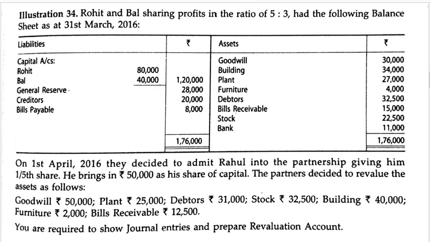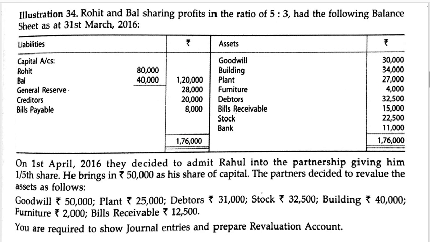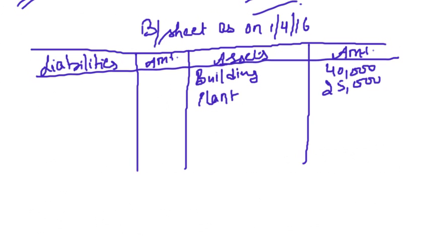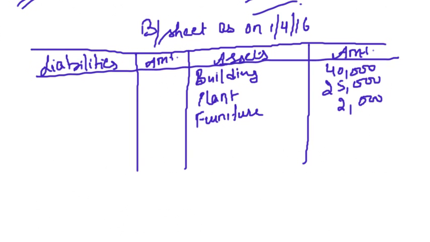Plant, yes sir, we will show the plant at which value? At revised value of 25,000. Plant 25,000. Clear? Furniture, yes sir, at 2,000. Furniture at 2,000. Next, debtors. Debtors at 31,000.